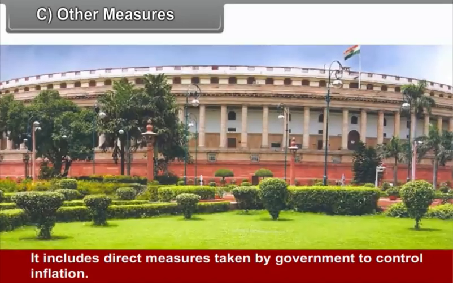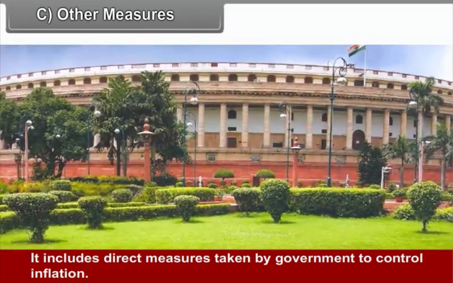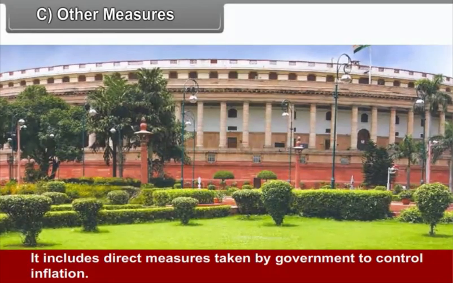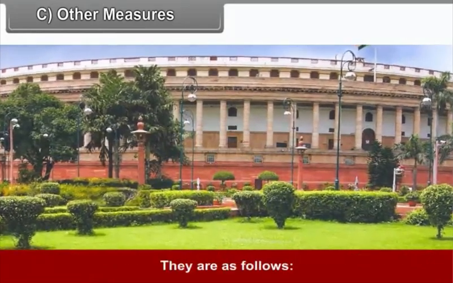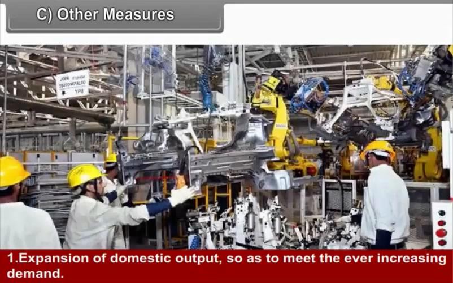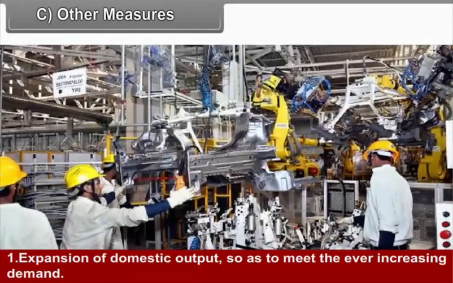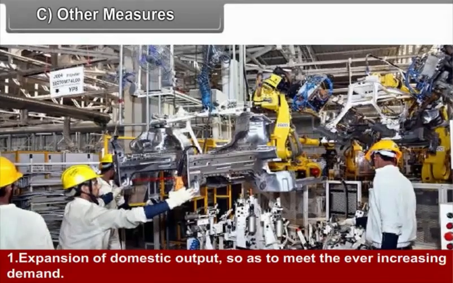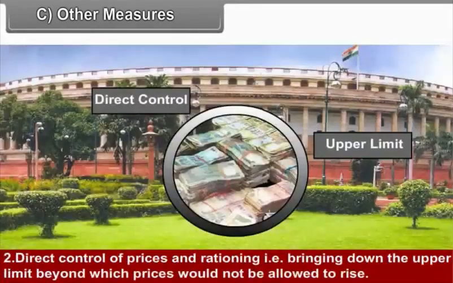C. Other measures. It includes direct measures taken by the government to control inflation. They are as follows. 1. Expansion of domestic output so as to meet the ever-increasing demand. 2.